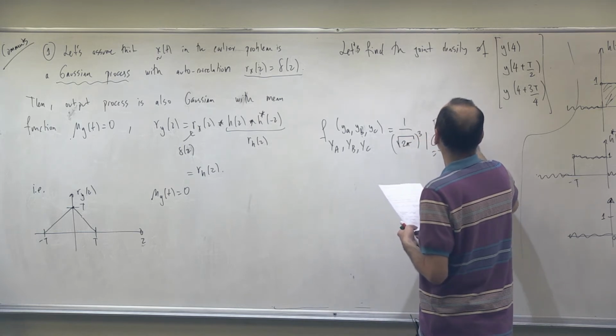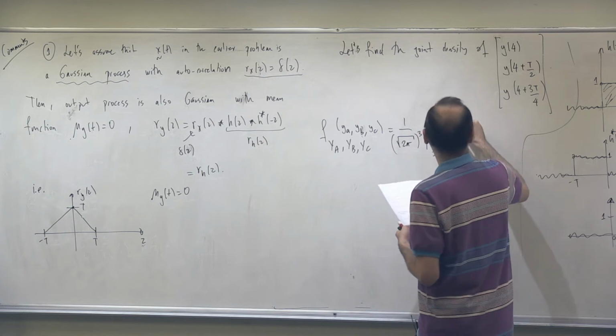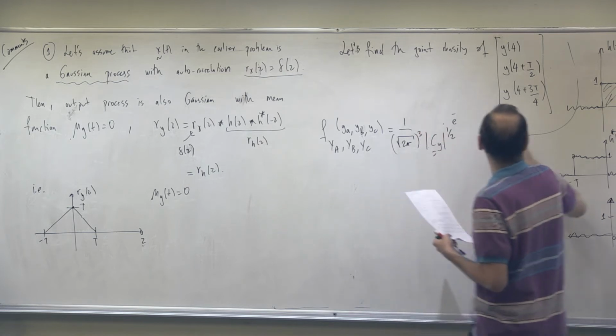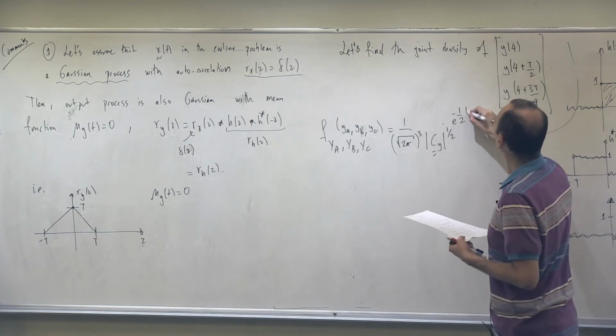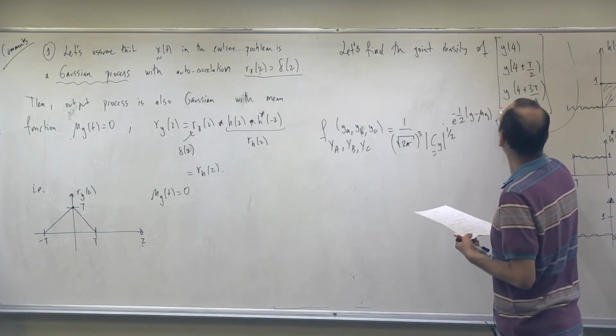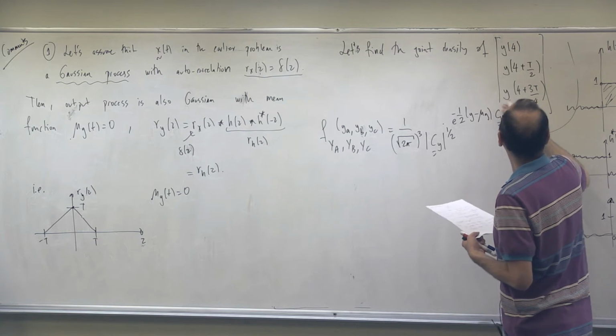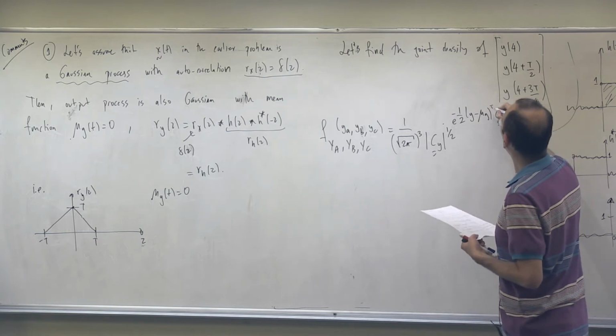This is the Cy matrix this time. And I have e to the minus, the Gaussian, this time one more time with minus 1/2 y minus mu y, Cy to the minus 1, y minus mu y.